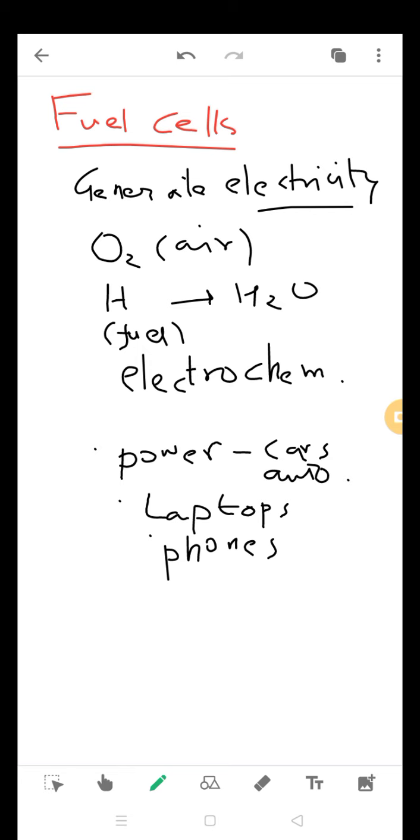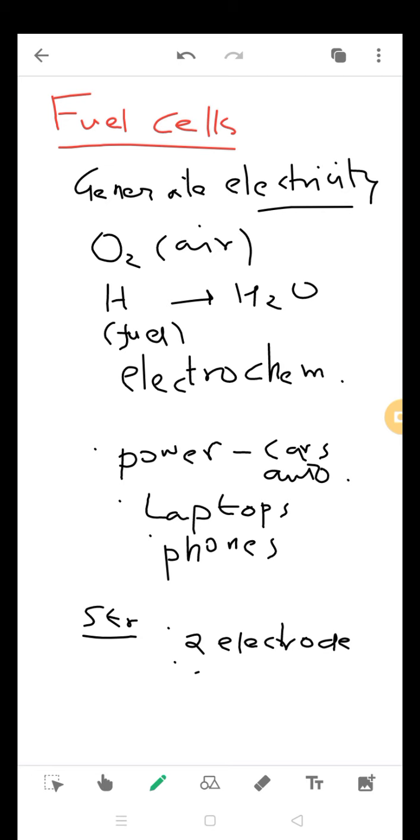And the structure of a fuel cell is pretty simple. It consists of two electrodes, anode and cathode, positive and negative.